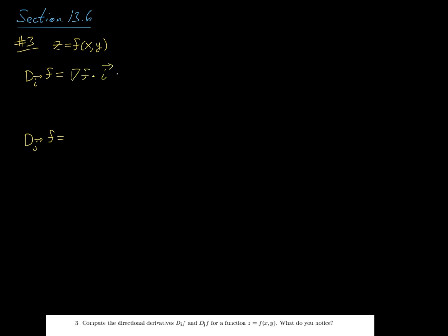Now this is the vector partial f partial x, comma partial f partial y, and we're going to dot that with the vector i, which in this angle bracket notation is just the standard basis vector. It goes one unit in the positive x direction, and the y component there is 0. So taking this dot product, notice all I'm going to get is partial f partial x.